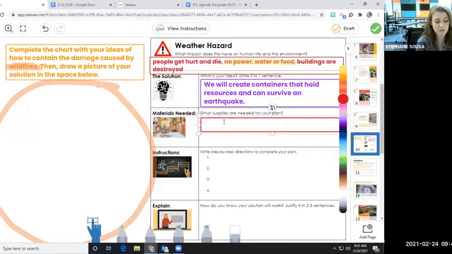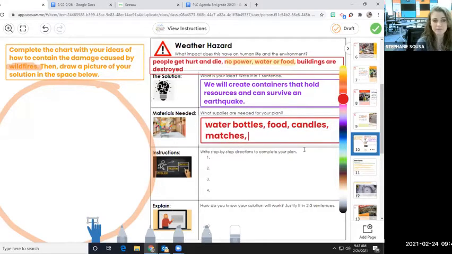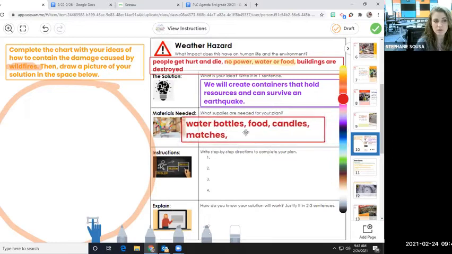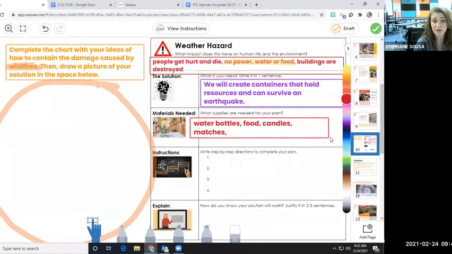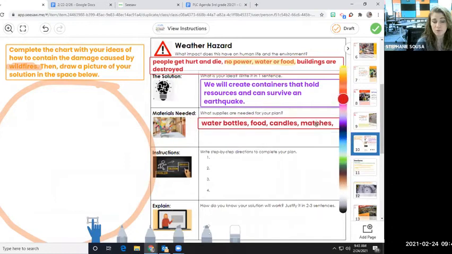Some resources that people need are water bottles, food, candles, matches, so they can light their candles and so they can build fires to stay warm since they won't have heat, or maybe some blankets or things like that that they might have had before. Water bottles, food, candles, matches, strong metal containers.